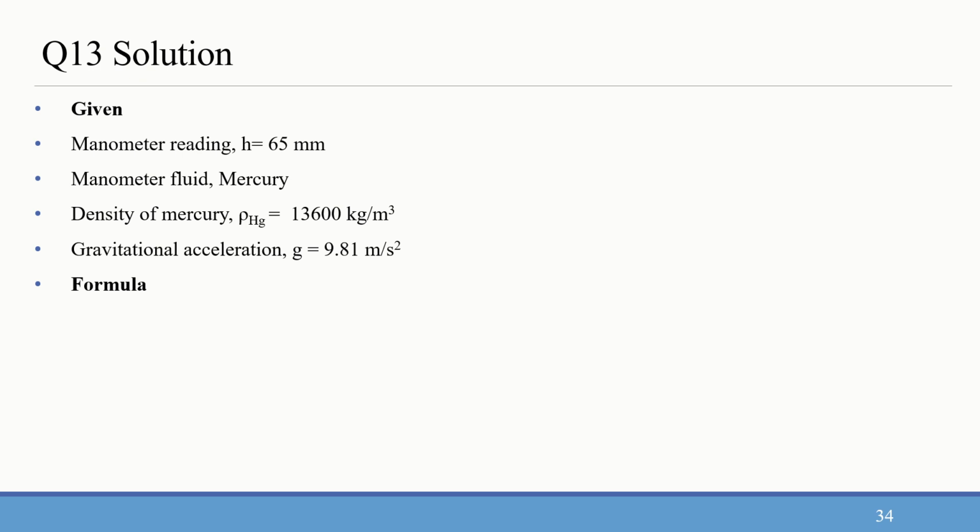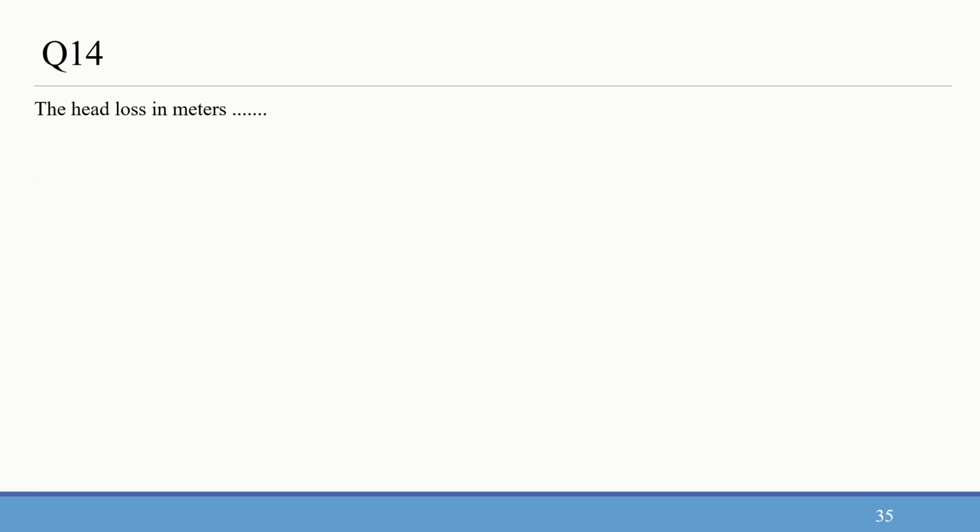So the formula is rho g h, or rho mercury density into g into h. So it is just a direct substitution. 13,600 into 0.065 into 9.81, 8,672.04 Pascal is the right answer. So it is a direct substitution only. That is for question 13.